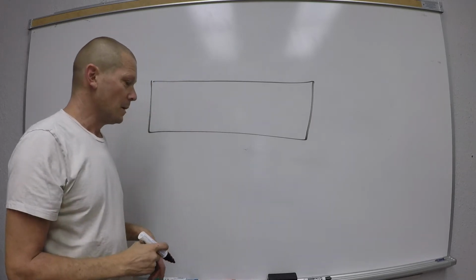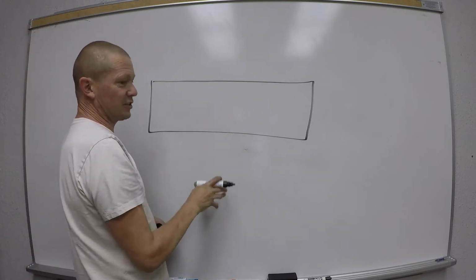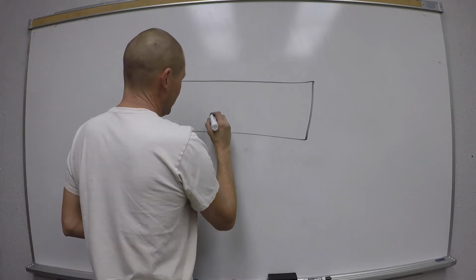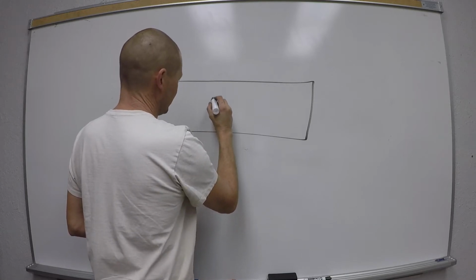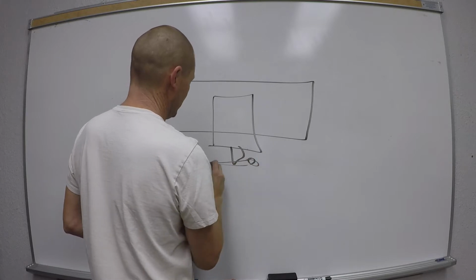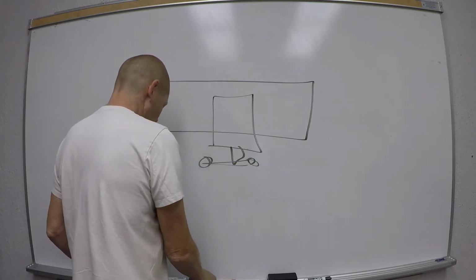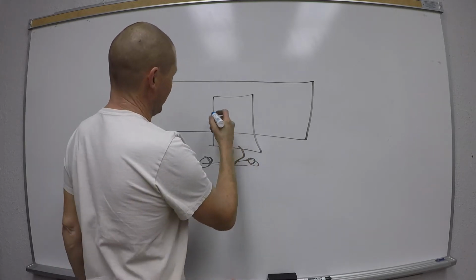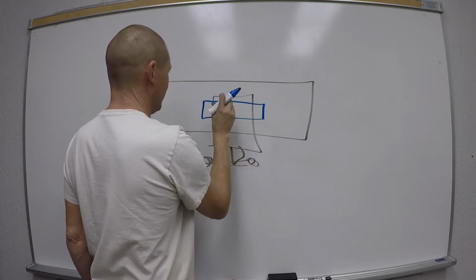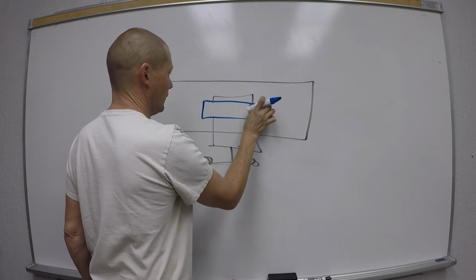And there could be a vise, anything. Let's use a vise. So here's our vise. Here's the handle. And we're going to put a part, our material, in the vise, inside this machine.